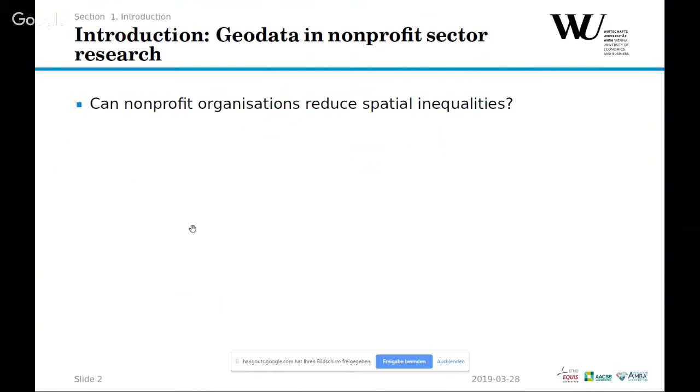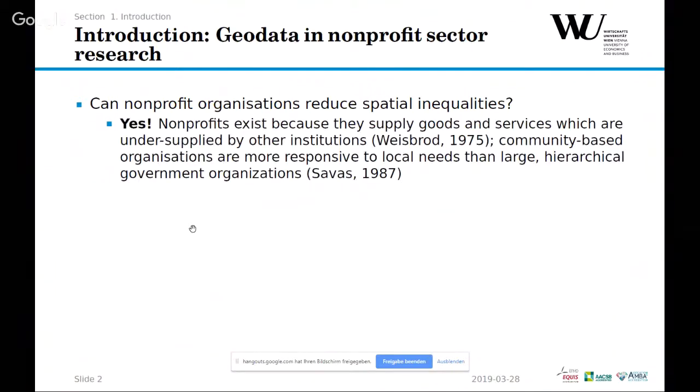Looking at relevant theories first, we could answer this question with both yes or no. There is a theory that states that nonprofit organizations mainly provide goods and services that are undersupplied by other institutions, and that nonprofit organizations are more responsive to local needs. So spatially, they should emerge in locations with a lower supply of services.